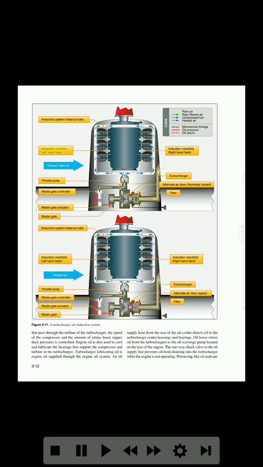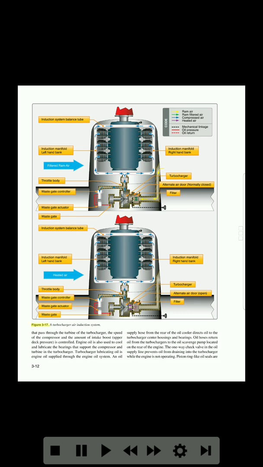Induction manifold left hand bank. Filtered ram air. Induction manifold right hand bank. Turbocharger. Throttle body. Alternate air door, normally closed. Wastegate controller. Filter. Wastegate actuator. Wastegate. Induction system balance tube. Induction manifold left hand bank. Induction manifold right hand bank. Heated air. Turbocharger. Throttle body. Alternate air door, open. Wastegate controller. Filter. Wastegate actuator.